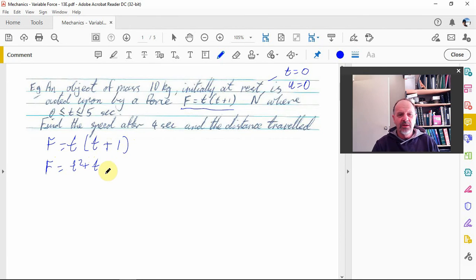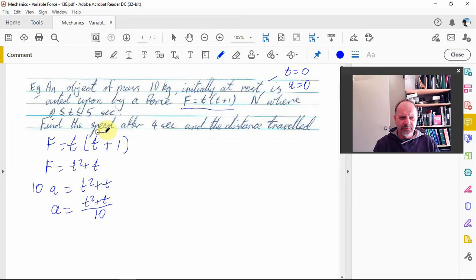Alright, so with Newton's second law that we talked about up the top, the resultant force is the mass times the acceleration. So if the resultant force is this expression, so 10A would be T squared plus T. And so A then would be T squared plus T on 10.